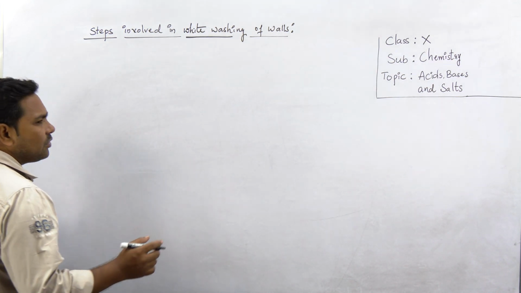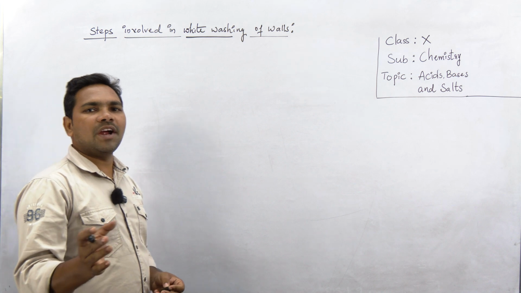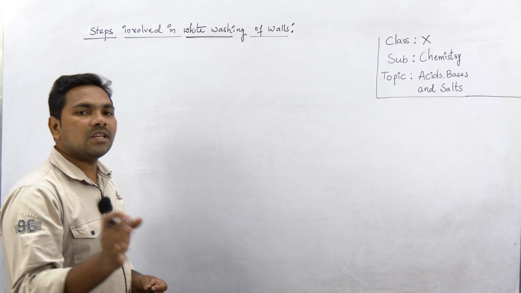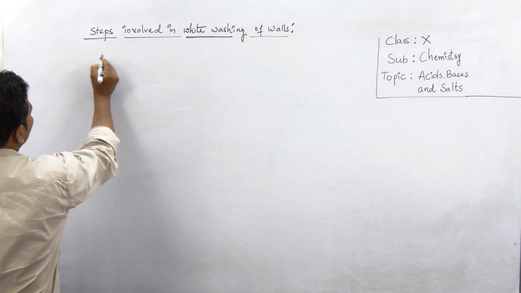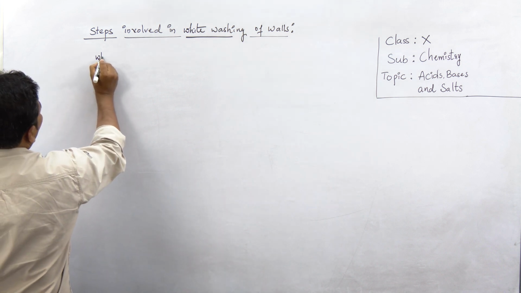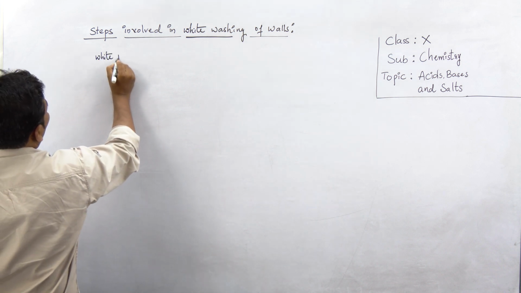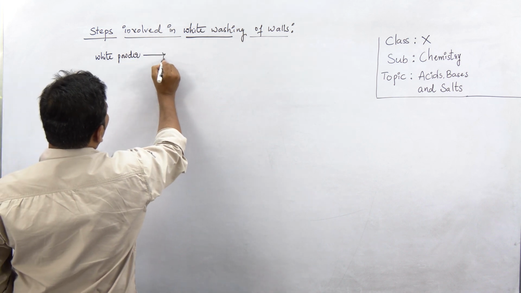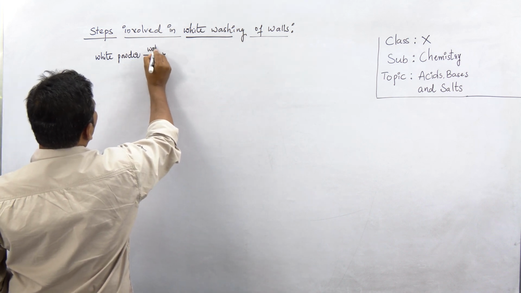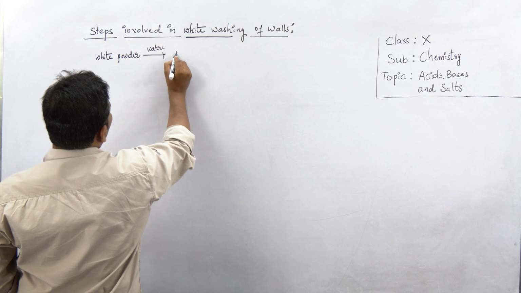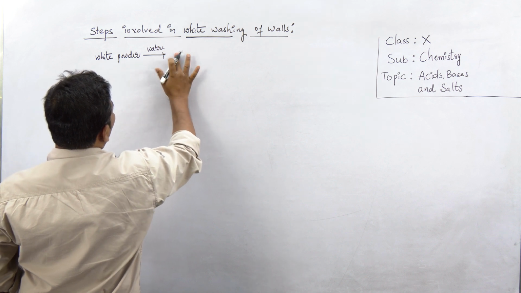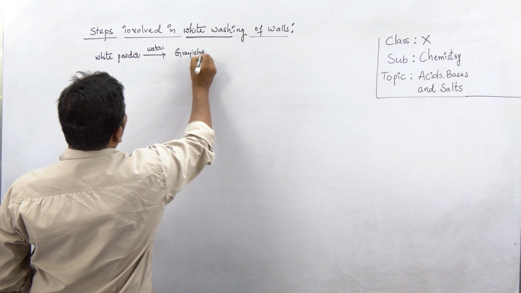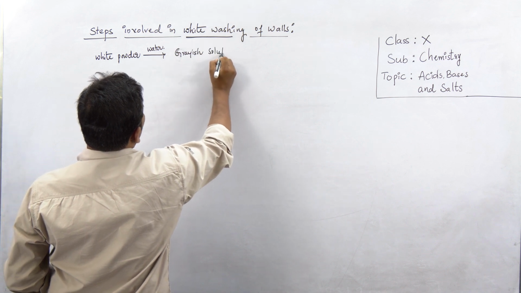Now let us see. First we purchase a white powder from the shops and mix it with water. So what is that white powder? I'll write the steps first. We first take the white powder. Then this white powder is mixed with water to get a grayish solution.